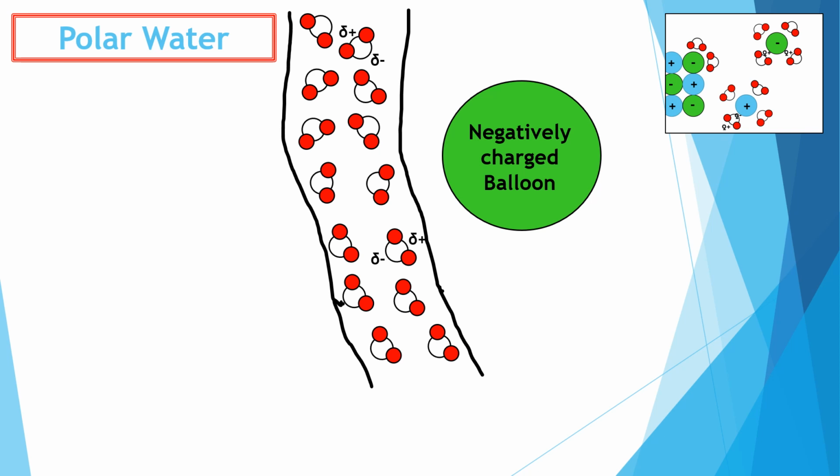They will twist until the positive side of the water molecules faces the negatively charged balloon. Since the positive side is facing the balloon, they're attracted, and the stream of water is going to bend, and we're going to notice a bend. This is a peculiar property of water: it's attracted to charged objects.